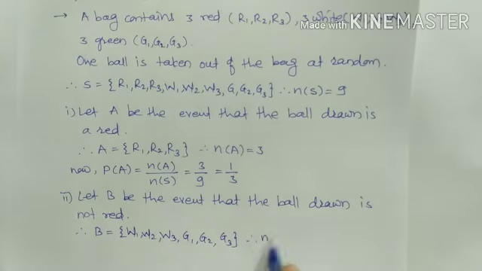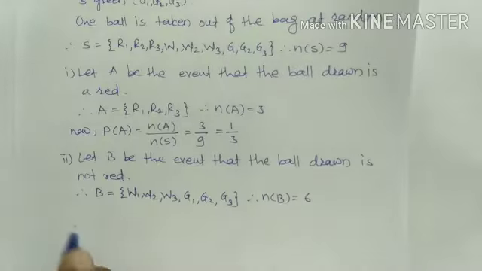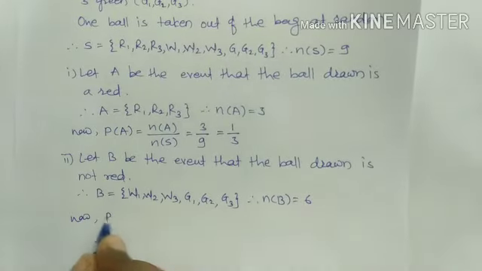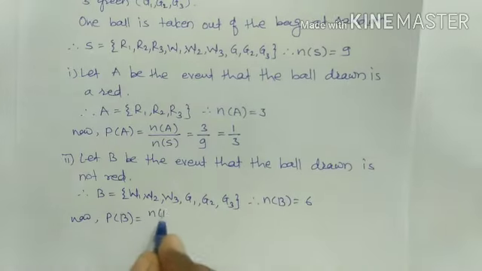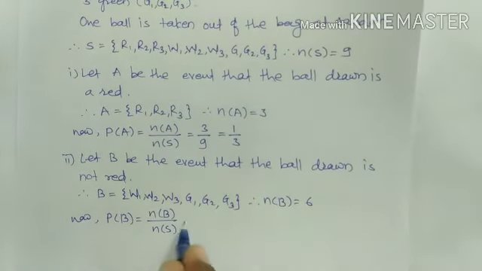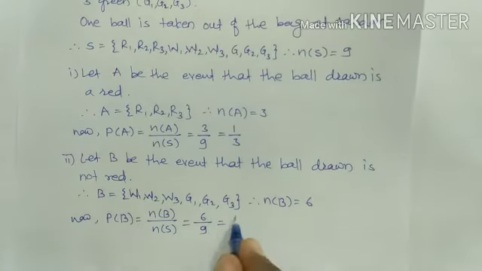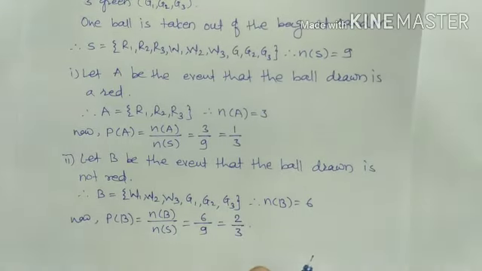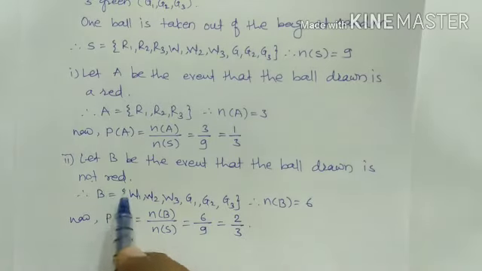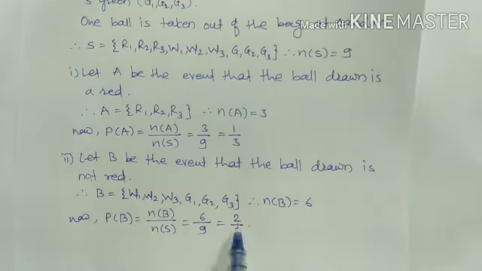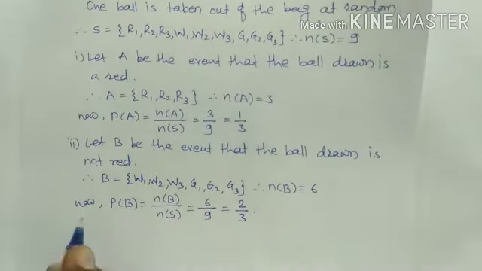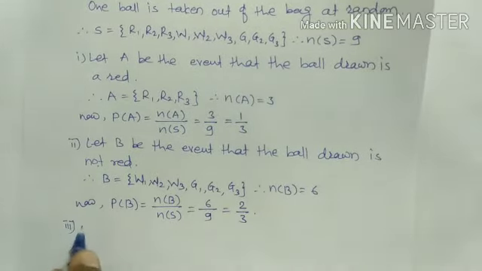Therefore number of B equals 3 plus 3, 6. Now P of B equals number of B upon number of S, 6 upon 9. We simplify this, 3 2s are 6, 3 3s are 9. Therefore the probability of the event that the ball drawn is not red, means either white or green, is 2 upon 3.